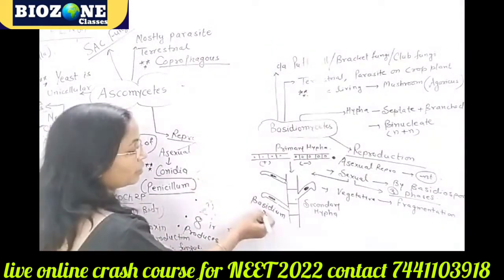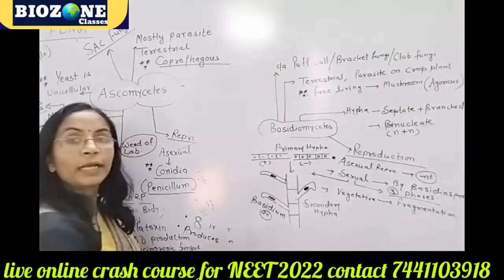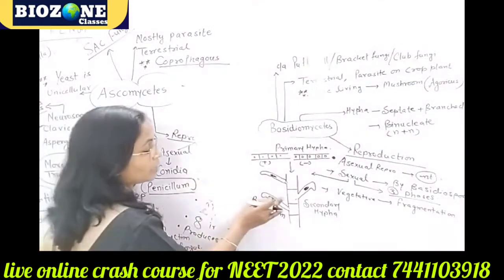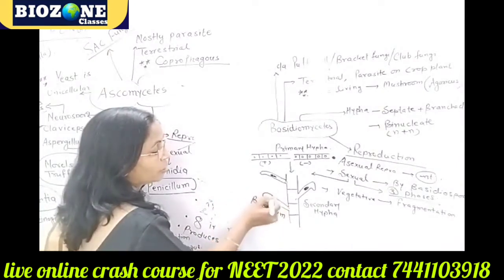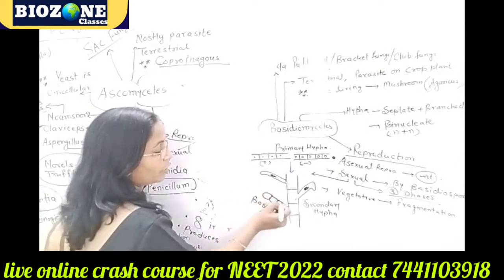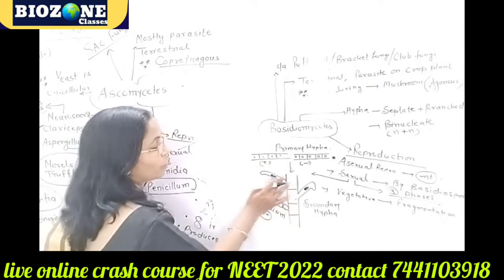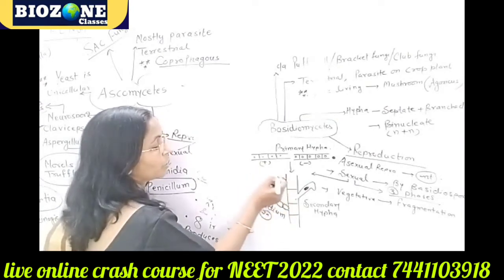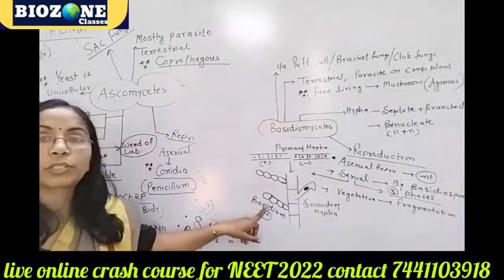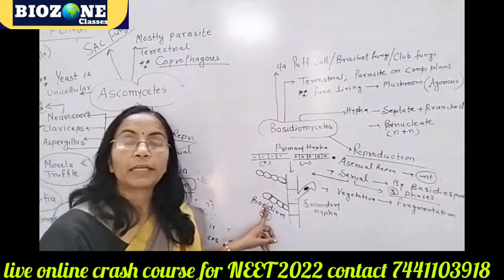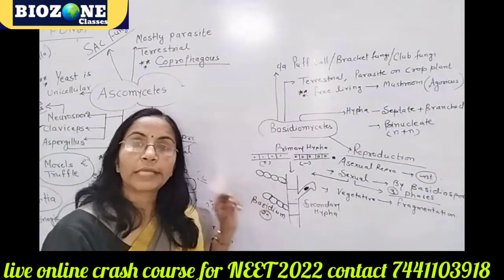Now the basidium is a diploid structure, and inside this basidium, this zygote divides. Along with division of the zygote, the basidium is also divided and will result in the formation of four spores. So that's why basidiospores are exospores. Basidiospores are never protected inside a bag-like or sac-like structure.